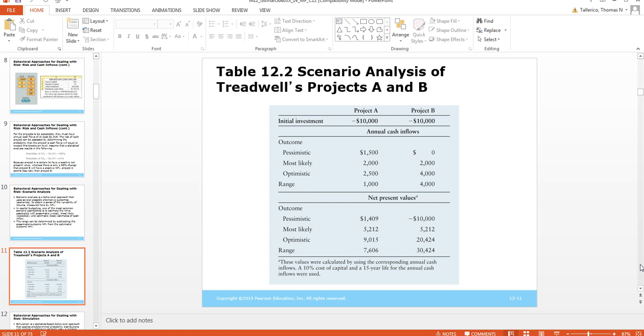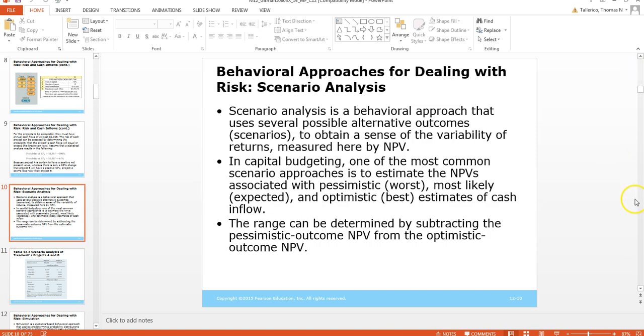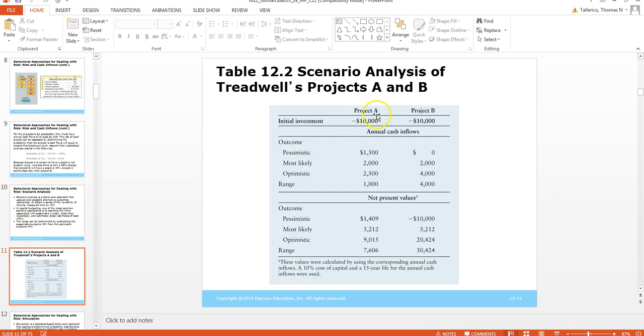So here's another example of a similar thing. You have two projects, again A and B. You both have initial investments of 10%. And here are the cash flows, and here are the net present values associated with the cash flows.